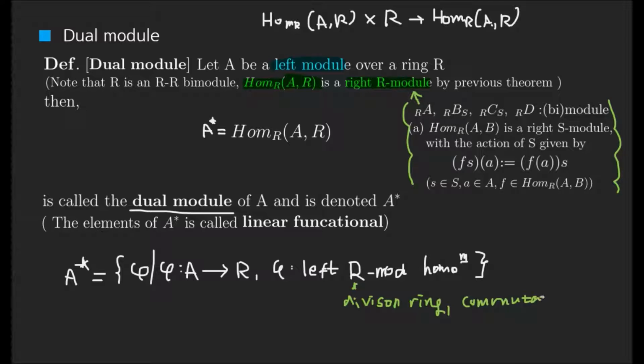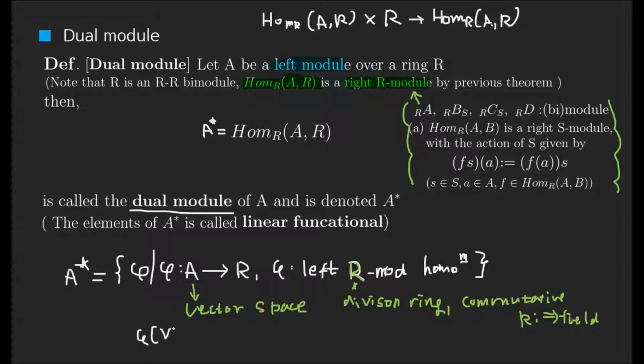This means R is a field. If R is a field, then we can understand the object A is a vector space. And we consider this linear map condition.